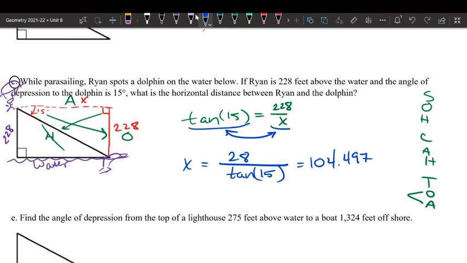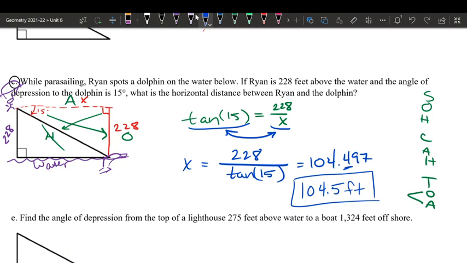And we're rounding to the tenth. So this is 104.5 feet. Hey, why did it become 28 all of a sudden? I'm sorry? Why did it become 28? 228. Oh my goodness, I'm sorry. Thank you. 228. Big difference.